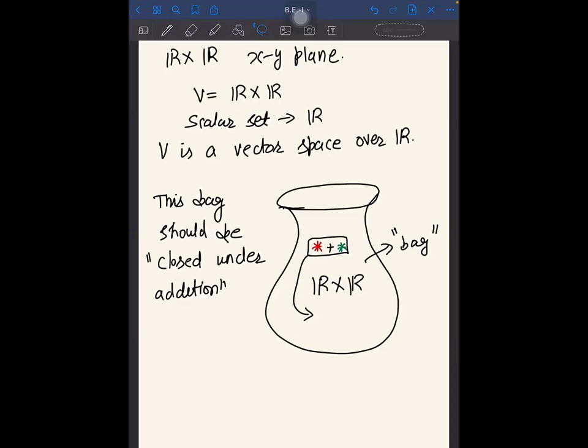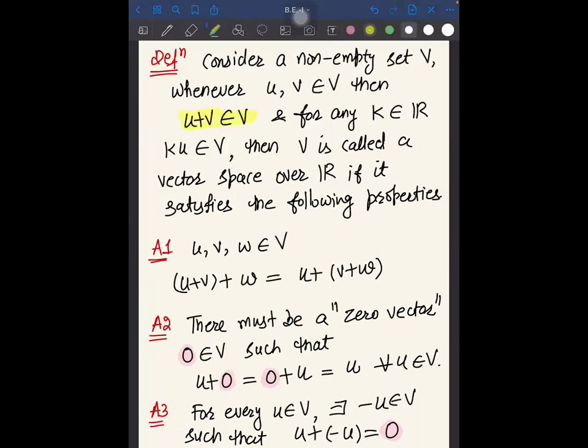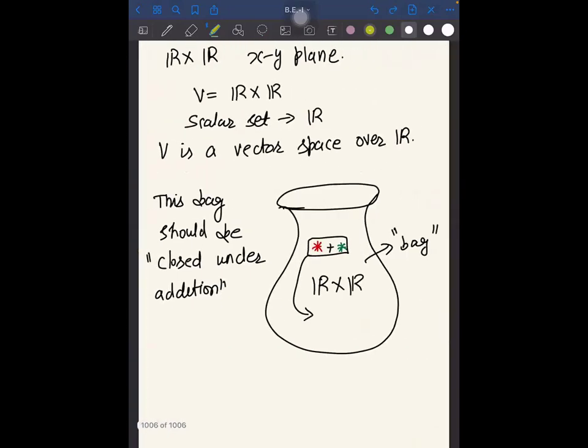So the very first operation is, as I've marked here, that the bag should be closed under addition. Before saying that, you must be able to recognize its elements, how these two elements look. If you pick two elements U and V from our given V, which is R cross R, how does an element of R cross R look?